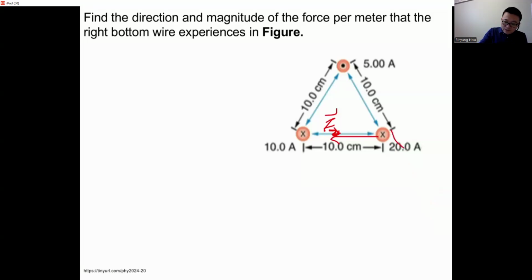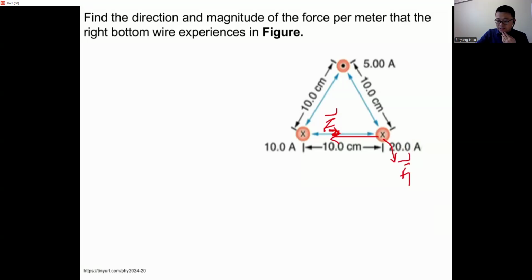Let me see if I can. There's always an issue with drawing sideways or at an angle, but we try again. Okay, I think that's the best I can do. So F1 there.